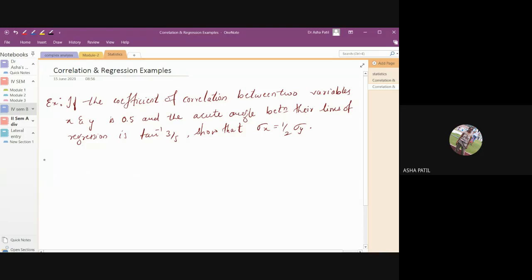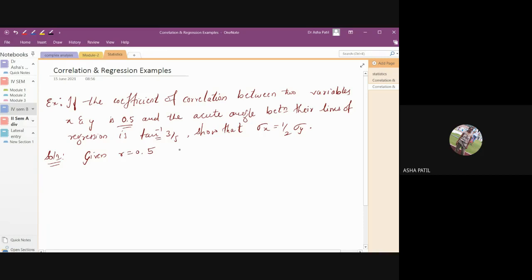Okay, so this is what is asked. You are given the coefficient of correlation between two variables, 0.5. The coefficient of correlation is nothing but your r, so given r is equal to 0.5 here. The acute angle between the lines of regression is tan inverse 3/5.